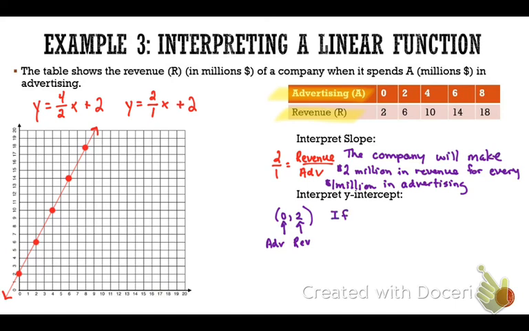I put for every 0 million spent on advertising, the company will make $2 million. Okay, so you're explaining it like a rate though, because it's not for every. It's just specifically in this scenario. If the company spends, how much did the company spend in this ordered pair?